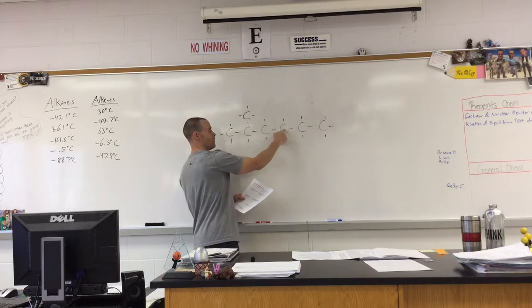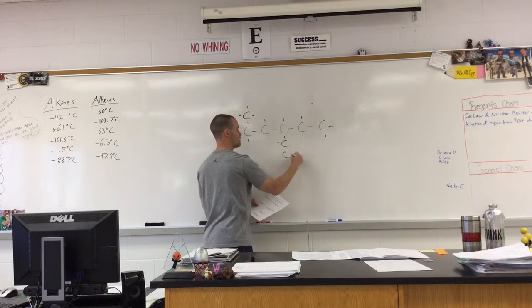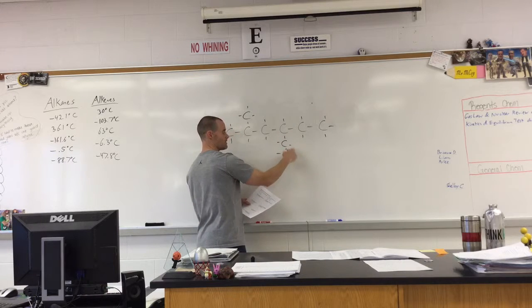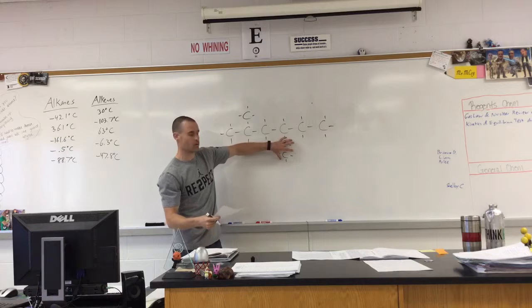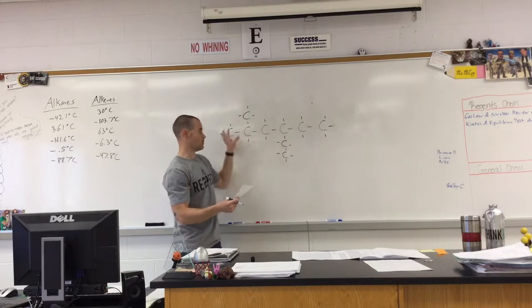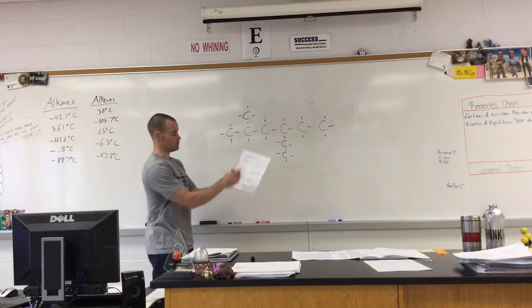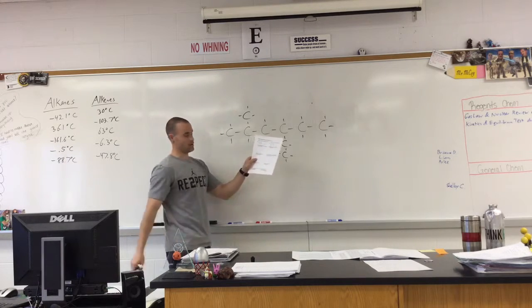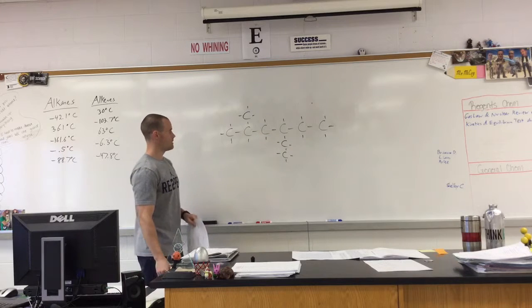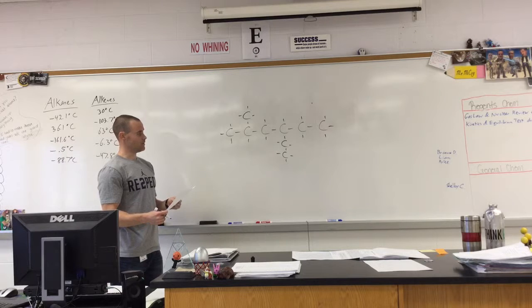So 1, 2, 3, 4, off of the 4th one, we're going to have 2 carbons connected to each other. So right here, that's your ethyl. That's your ethyl group right there, and that's a methyl. So that's 2-methyl, 4-ethyl. So then put it all together, 4-ethyl-2-methylhexane. That's the answer to number 4 on the side here. All right, so that was number 4. I'll leave that up for a little bit longer here.